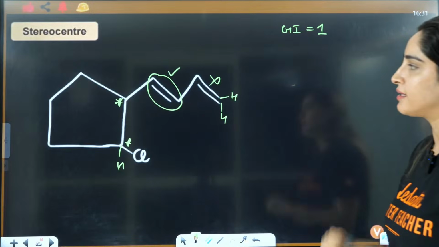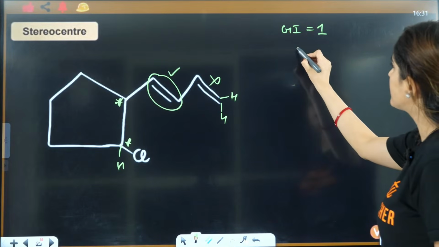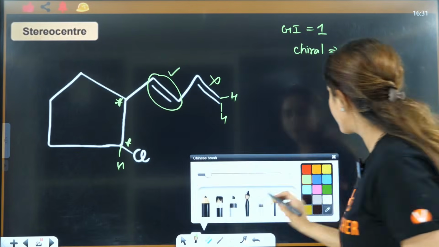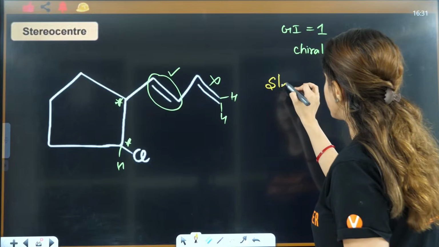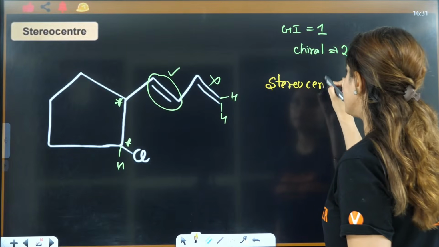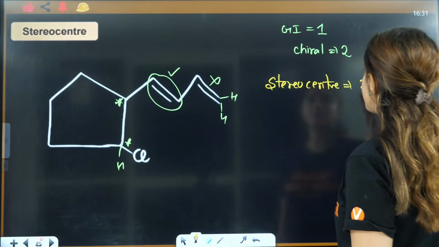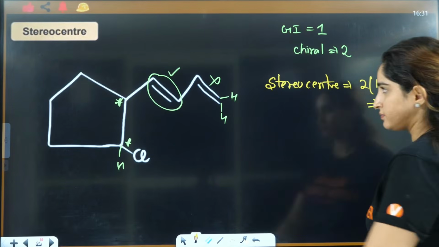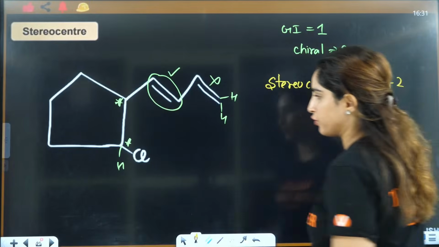There are 2 chiral carbons here, so chiral carbon is 2. So if you talk about stereo center, it is the number of GI sites multiplied by 2 plus chiral, that is 4. 1, 2, 3, 4.